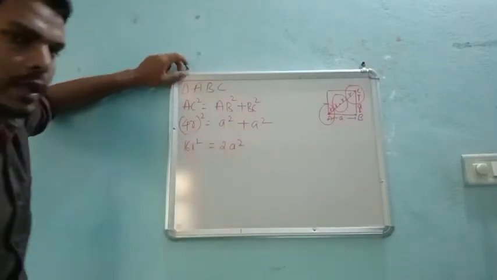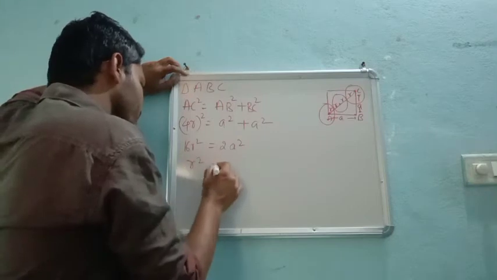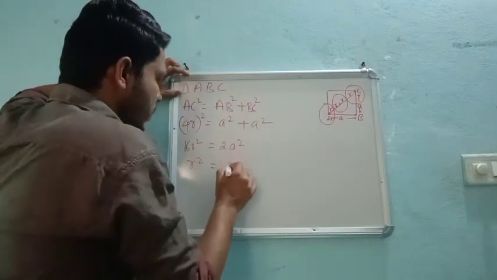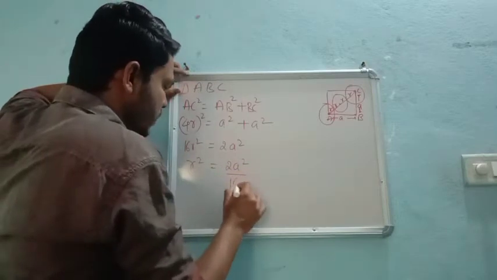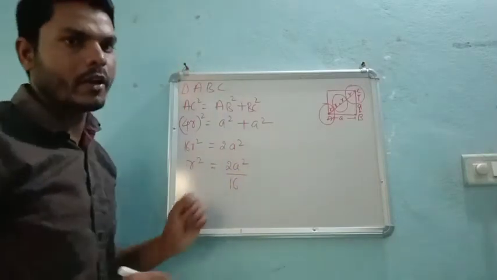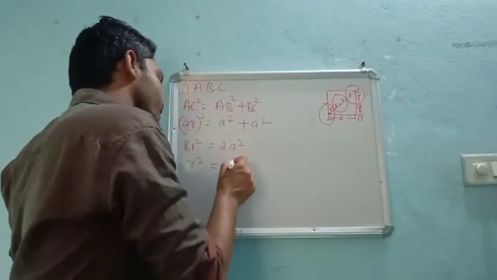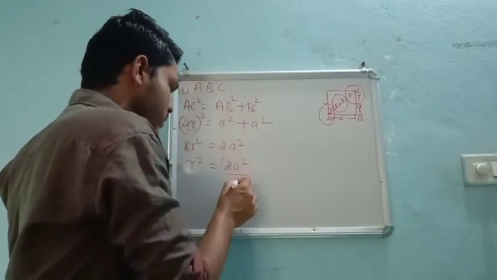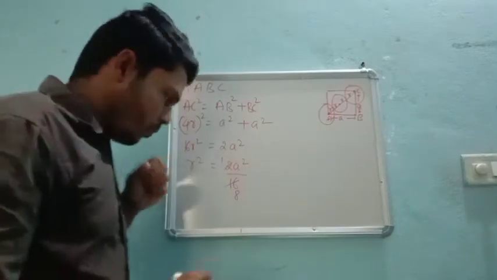What we need is r. So put this r outside. Now 2a square as it is, and the 16 will come directly in the denominator. So it will get cancelled; better you cancel it. 2 ones are, 2 8s are, into 8.